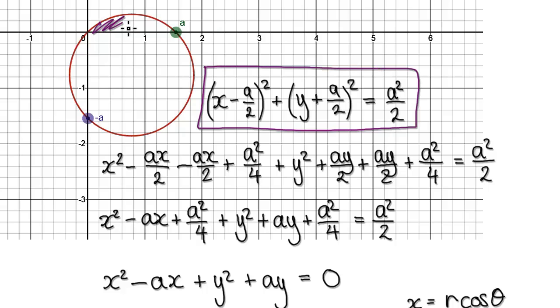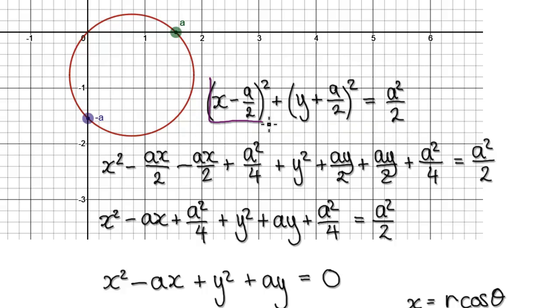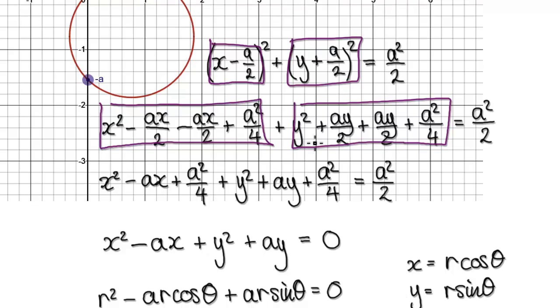So our next step is to translate this into polar form. Multiply this out, square this. That will give us this thing here, and then square this. That will give us this thing here, and then tidy this up.